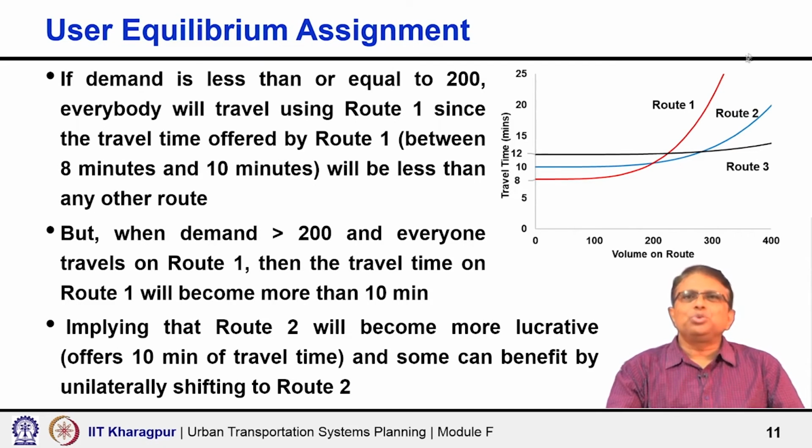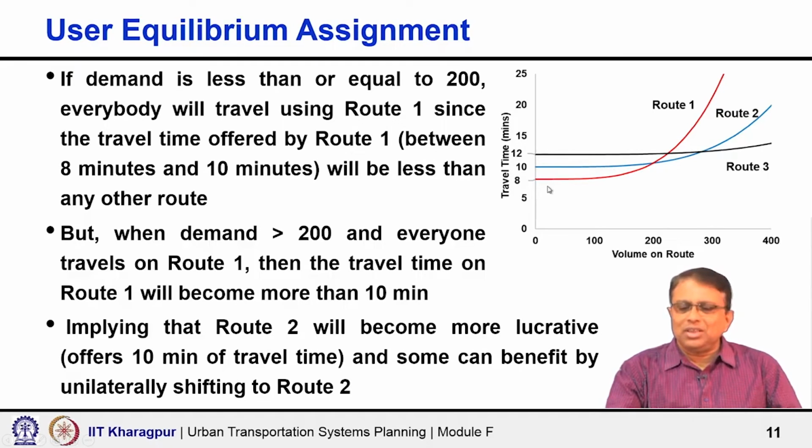Now, beyond 200 flow, what happens? If people try to use route 1, then route 1 cost will be higher. So, what will happen? They will shift to route 3? No, route 3 cost will also be higher. They will start using route 2, because route 2 travel time will remain about 10 minutes.